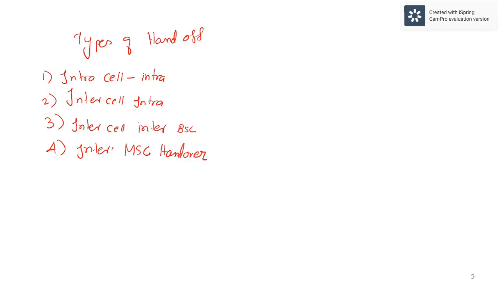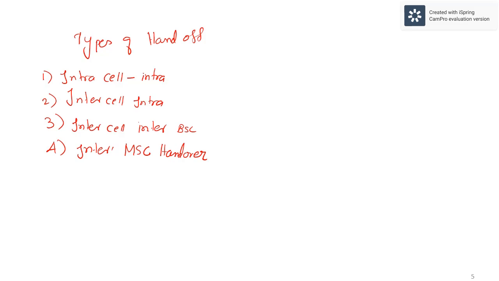If the subscriber is handed over to another traffic channel within the same cell, then we say intra-cell handover. If it is taken to another cell and handover happens, then inter-cell intra-BSC.